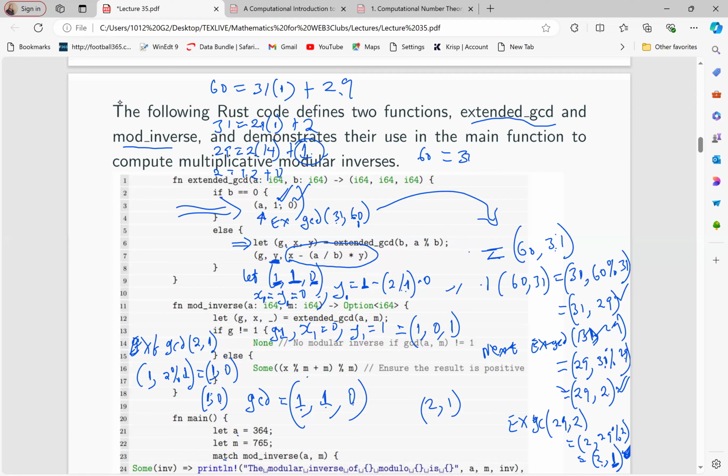Then we move to the next remainder. When the remainder was 2, we are moving from down going up. When the remainder was 2, our A was 29 and our B was 2.